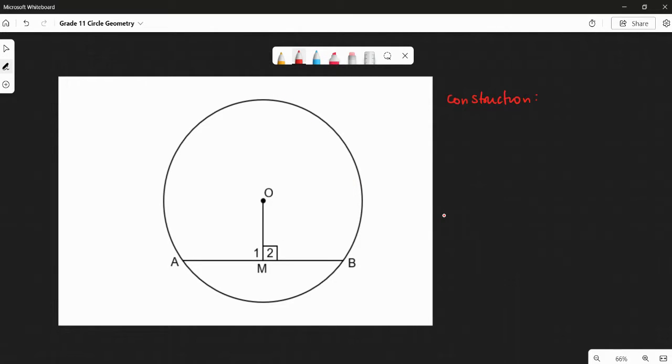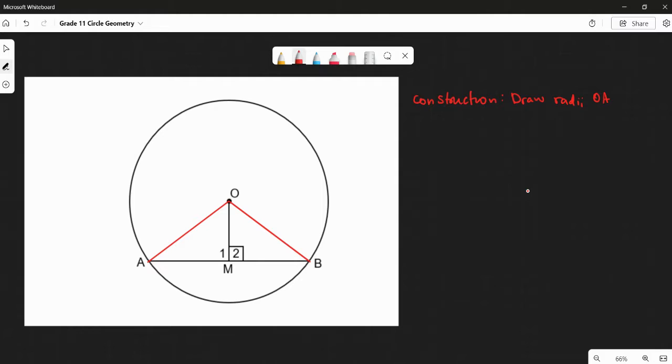So what are we going to construct? I'm going to construct radii. So draw radii OA and OB.